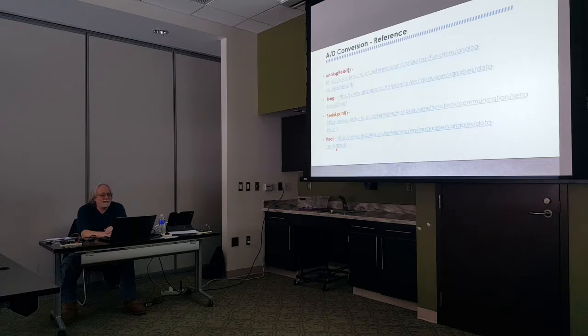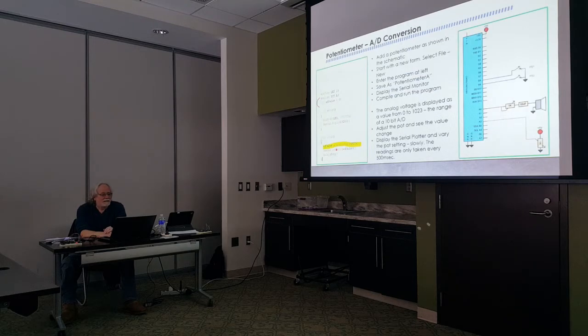Okay, so the next thing was reading the A to D, and here's where we use the serial print statement to get two different variables printed out on the same line on the serial monitor, because the print statement doesn't put a carriage return line feed in there.